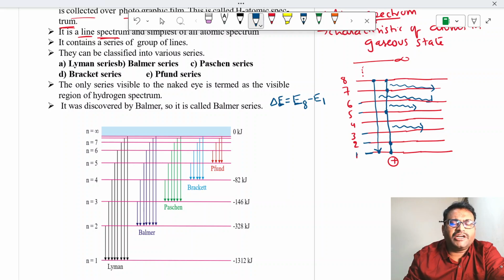So in the hydrogen atom, when the electron is de-exciting from a higher energy level to a lower energy level, 5 series of spectral lines are discovered. And in each series, there is a group of spectral lines.